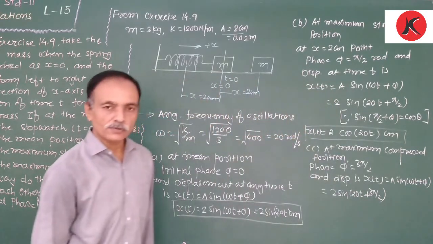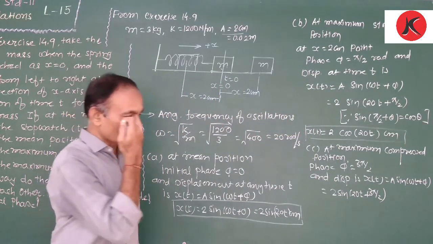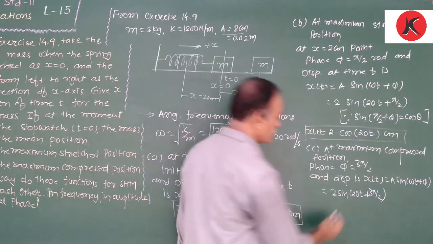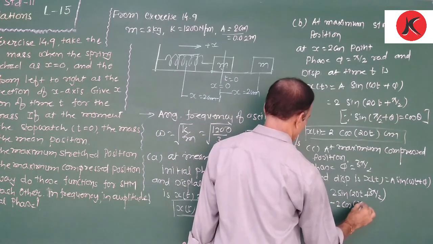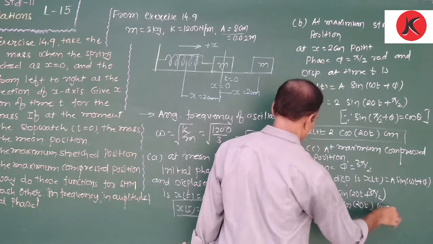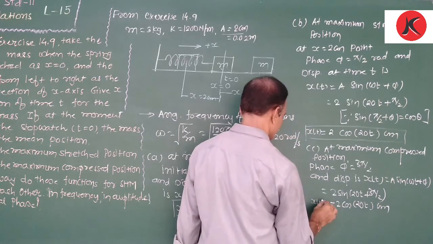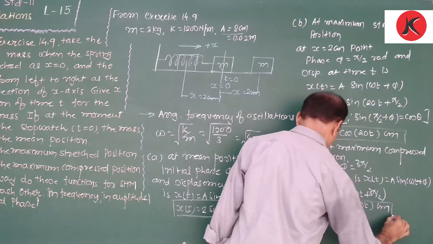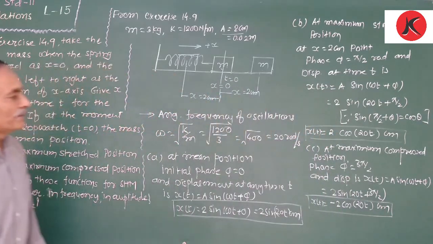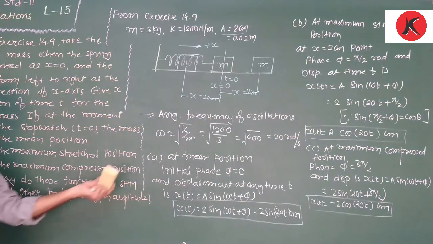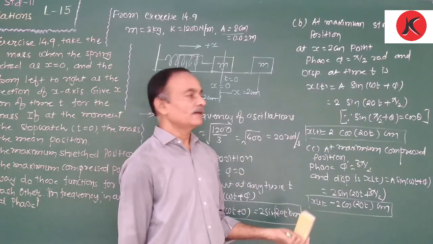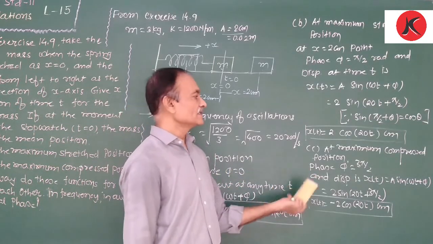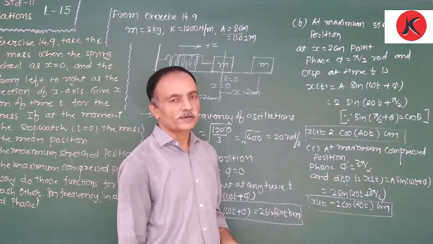Now 3 pi by 2 is in the third quadrant. Therefore, minus 2 cos 20t centimeter. So that is the displacement. Now here the amplitude of displacement of simple harmonic motion remains the same, but the phases are different, therefore the displacements are also different.